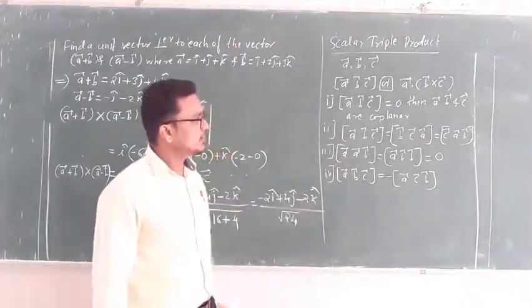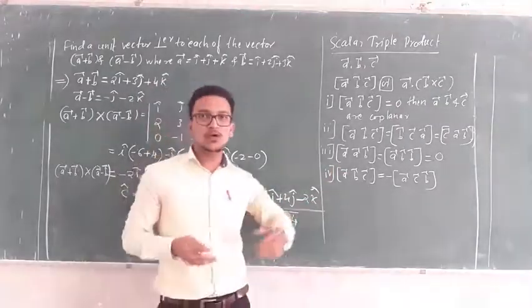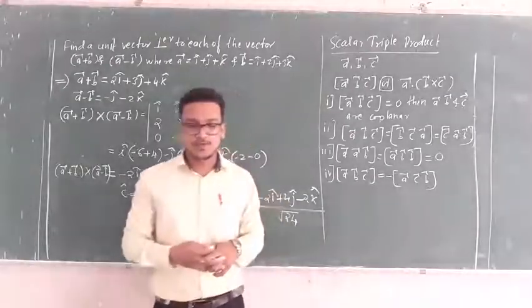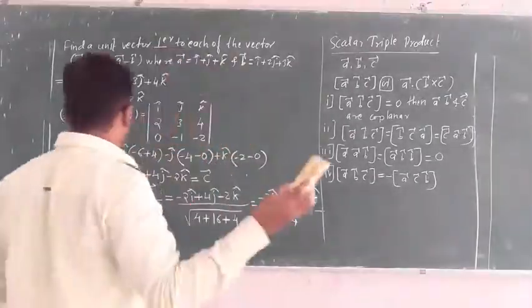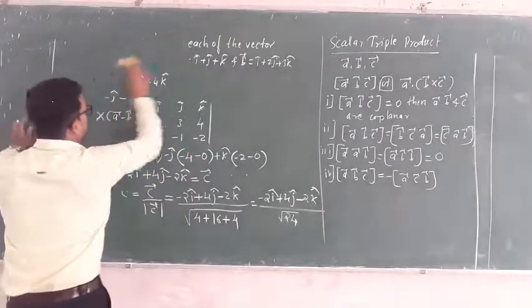This is another property. So in the scalar triple product, you have to remember these properties to simplify the examples. Let us see the examples on the scalar triple product.